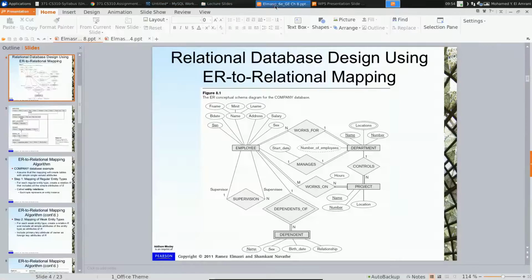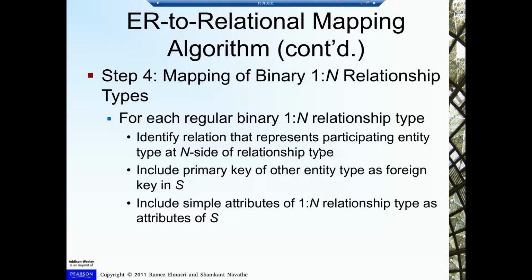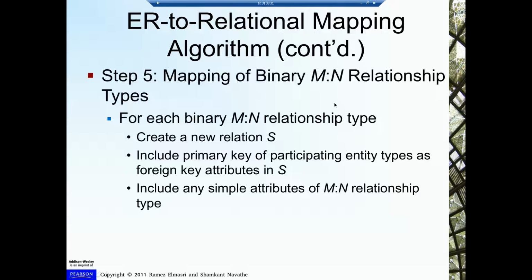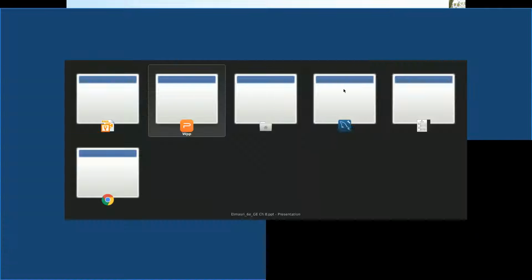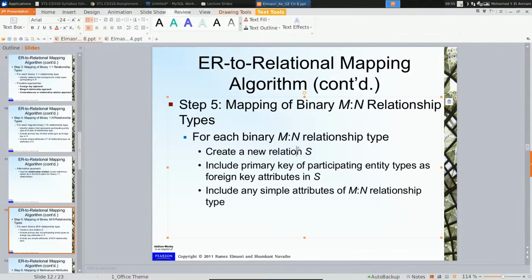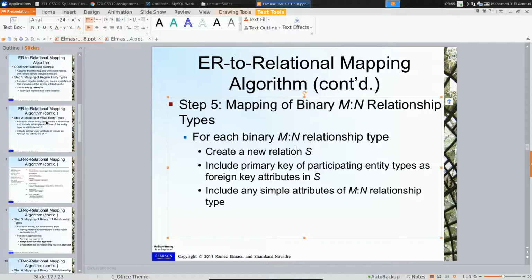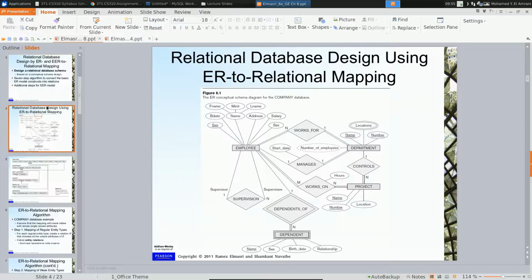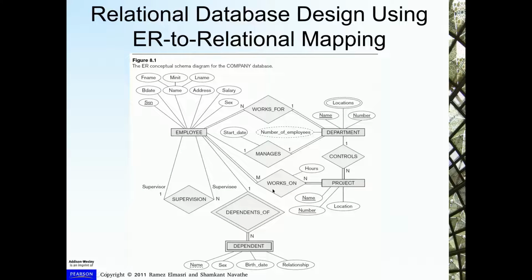Okay, the other scenario is to have many to many. When you have many to many, let's have a look at this diagram again. An example of many to many is that this works on, for example.